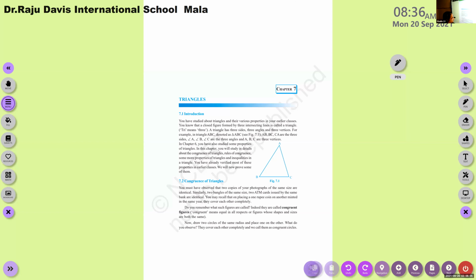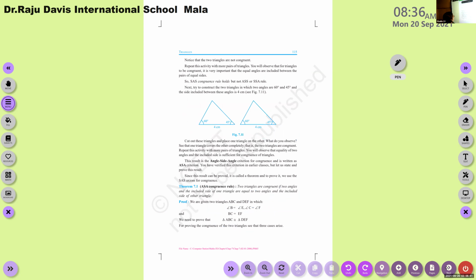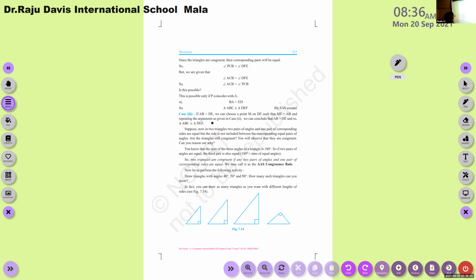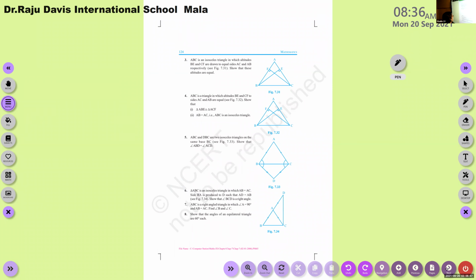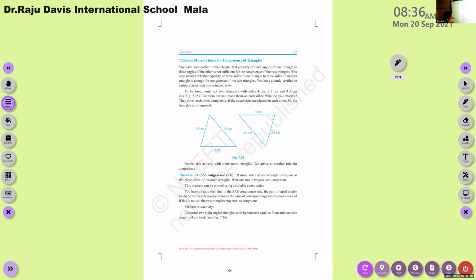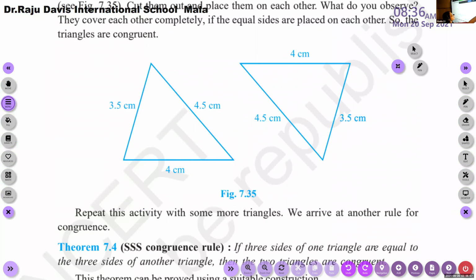Now write the next criteria for congruence, that is the SSS congruence criteria. Write the SSS congruence rule.